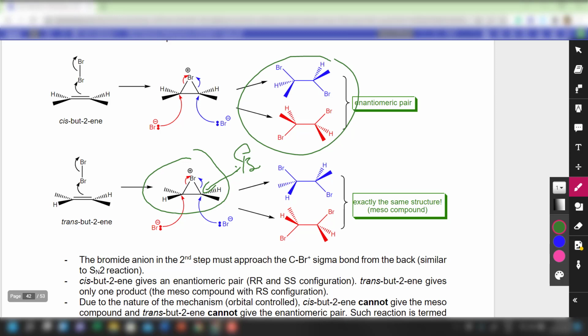This is also how scientists uncovered the cyclic bromonium intermediate. They noticed that when I start off with cis-but-2-ene, I only get one enantiomeric pair. With trans-but-2-ene, I get the meso compound, and there is no scrambling of the products. Because of that, they suspected that the mechanism does not proceed via a carbocationic intermediate.